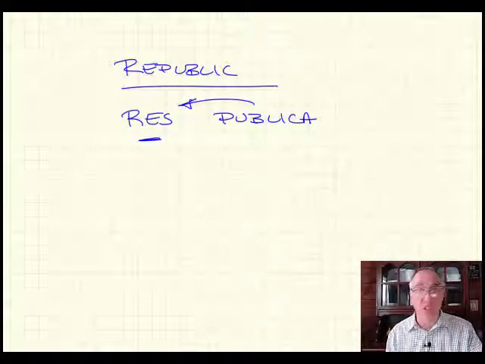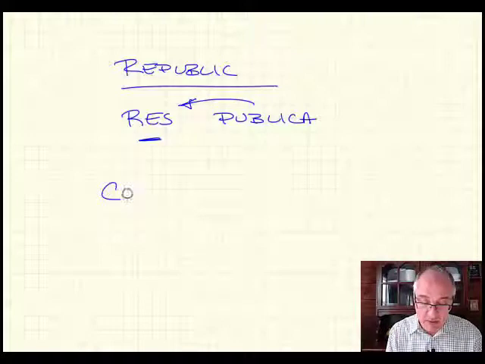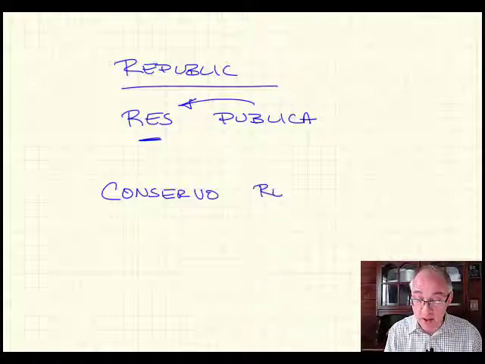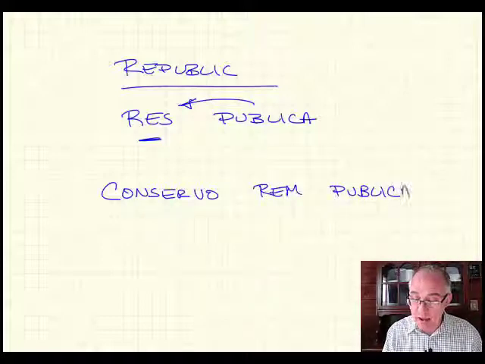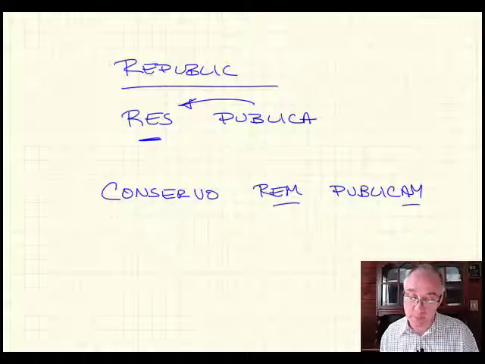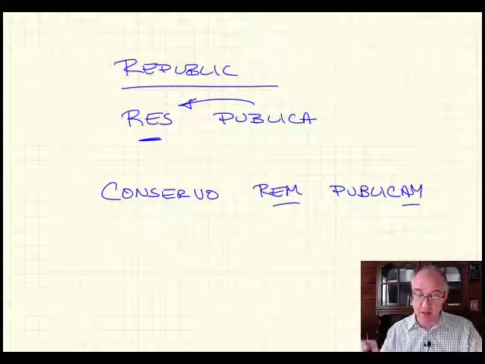So if I am saving the republic, conservo, the republic, rem, the public thing, publicam. See how I've declined both the noun and the adjective. I am saving the republic, conservo rem publicam.